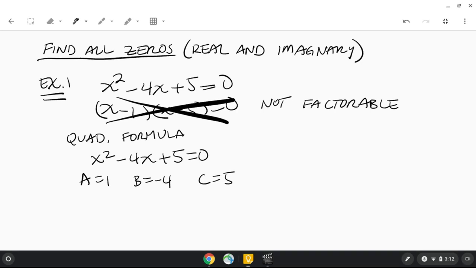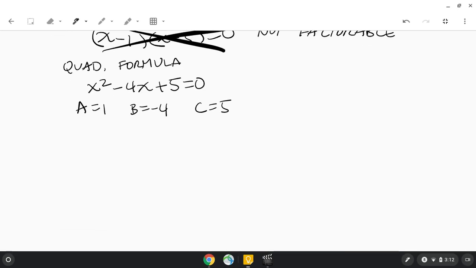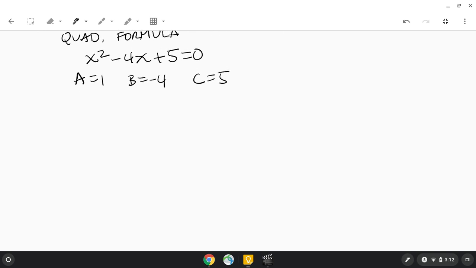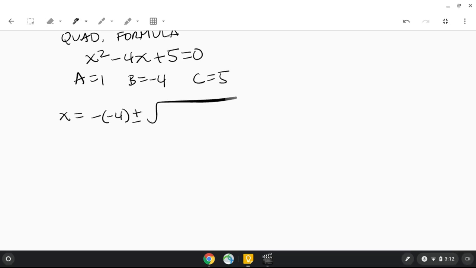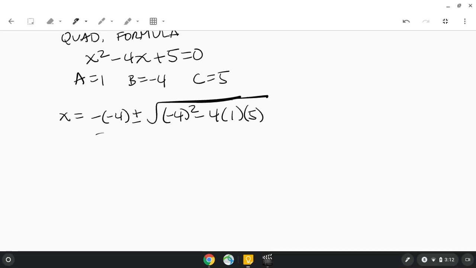So, quadratic formula on this. x equals negative b plus or minus the square root of b squared minus 4ac, all over 2a.